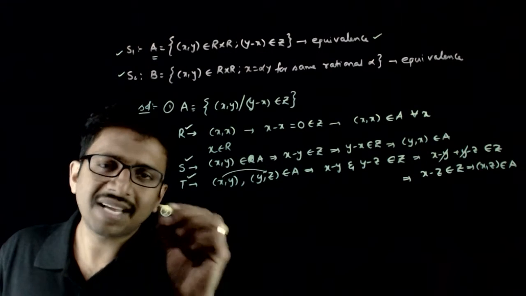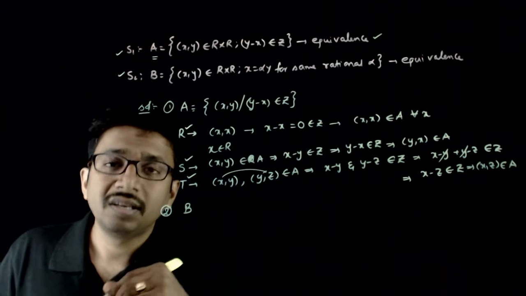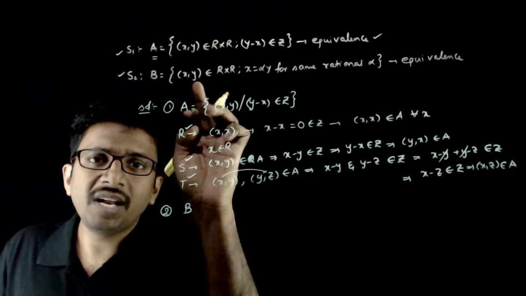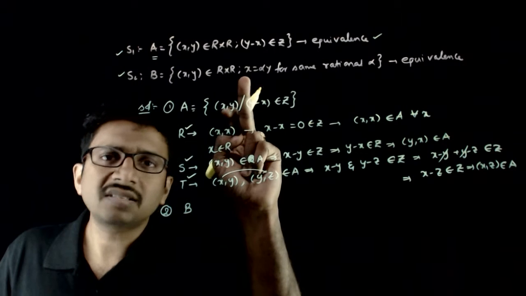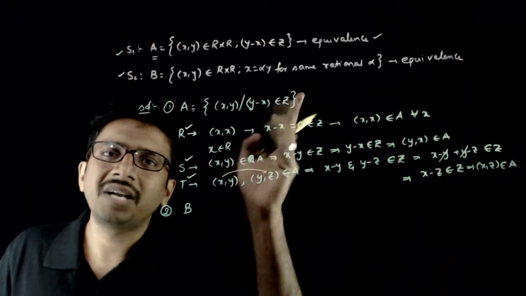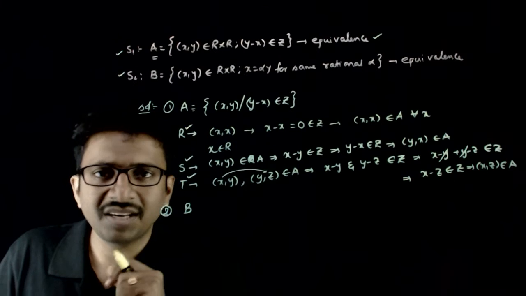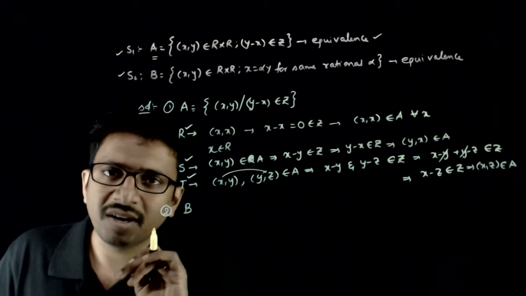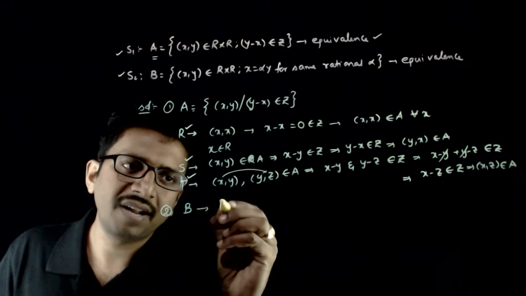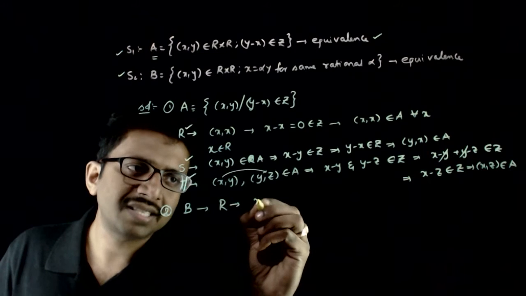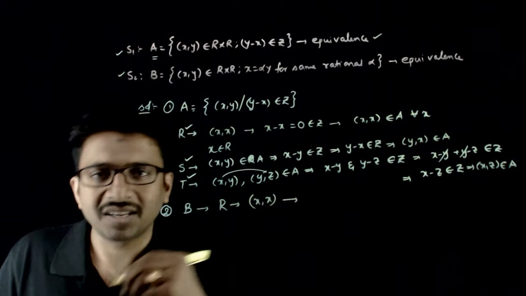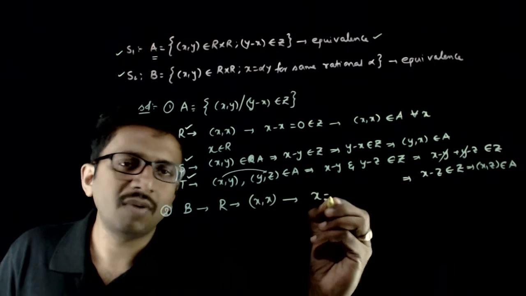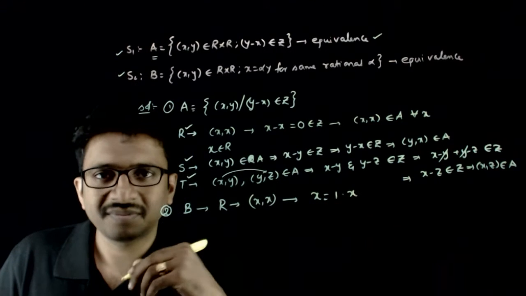Next, if you go to the second relation B, element x will be related to y if x is equal to some rational number times y. If that is so, these two elements will be related. Let us check for reflexivity. Let us take the element (x, x). Can I write x is equal to 1 times x?